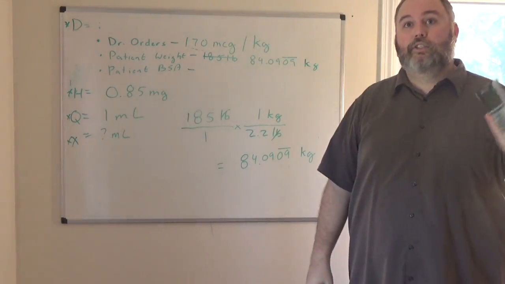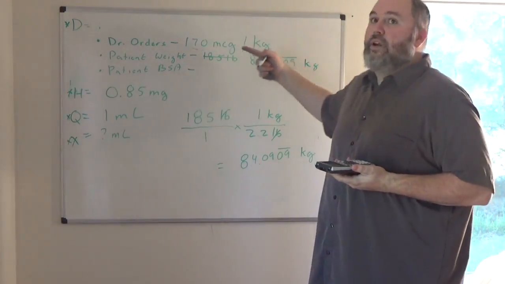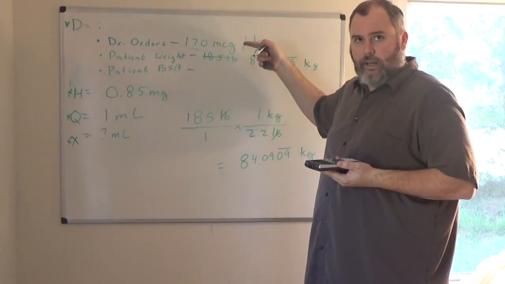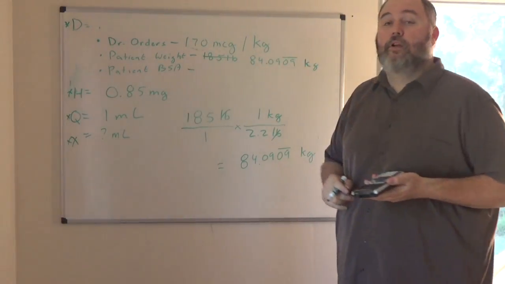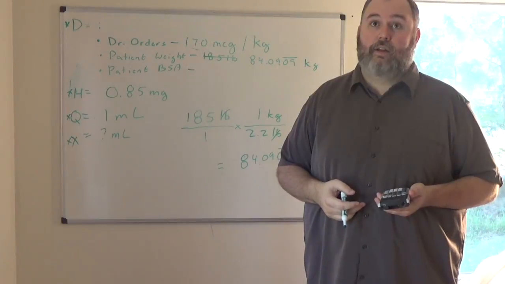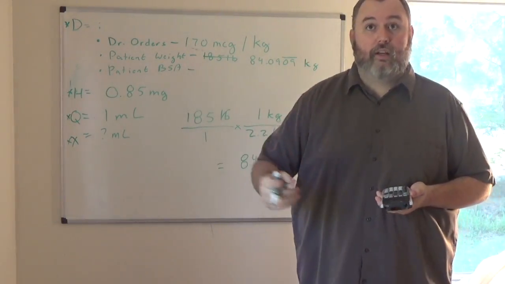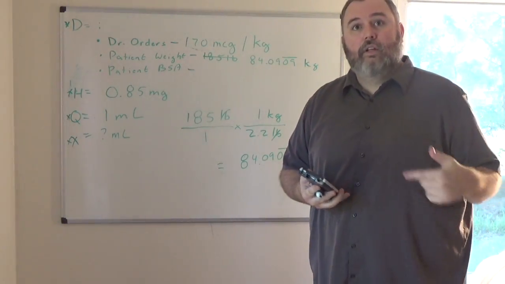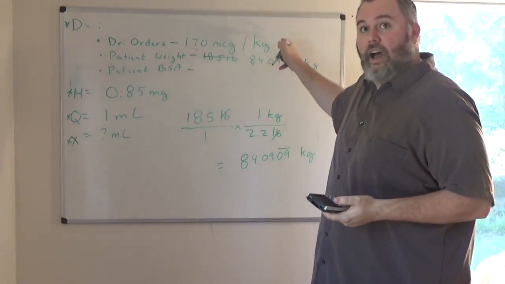So we've done the conversion. It's in our calculator. And we know the doctor's order is 170 micrograms per kilogram. We're going to multiply those two numbers to find out the actual dose. So instead of trying to round, just multiply it by the doctor's order.